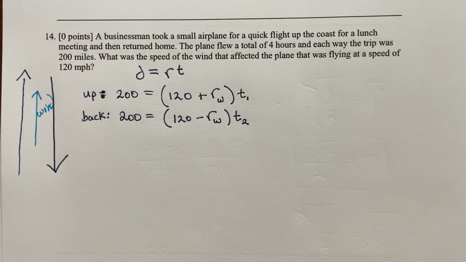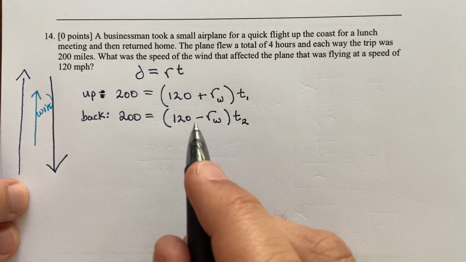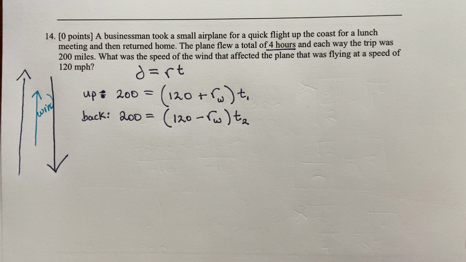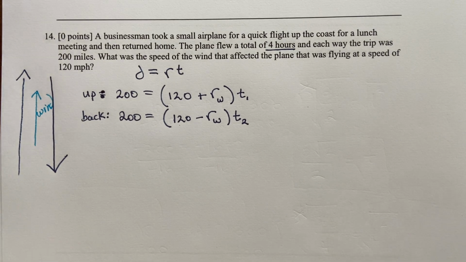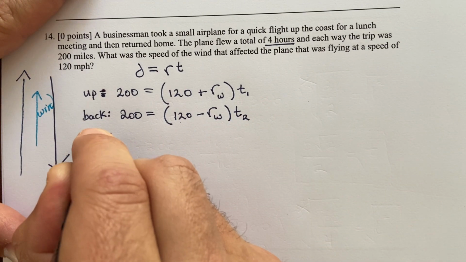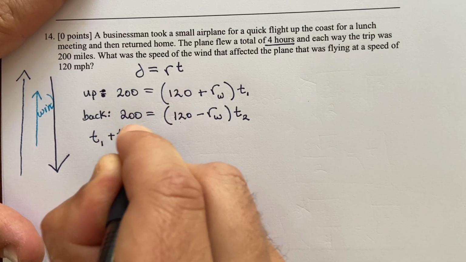So we'd be stuck if I didn't have another equation, but we do know that it took a total of 4 hours. It doesn't mean that it went 4 hours up and 4 hours back, just some amount of time up, some amount of time back, and all that we know is that those two times add up to 4. So we also have that T1 plus T2 would equal 4.